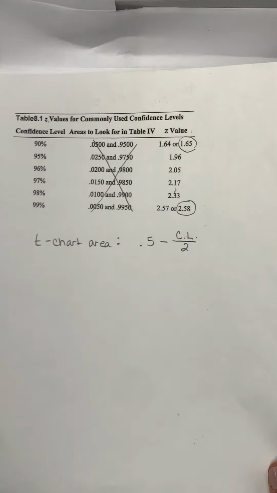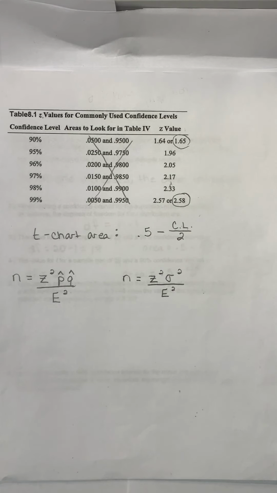So one sample size is going to be z squared times p hat times q hat over e squared. The other sample size is going to be z squared times sigma squared over e squared. Okay, those are your 2 sample size equations. You're going to need both of those, okay?